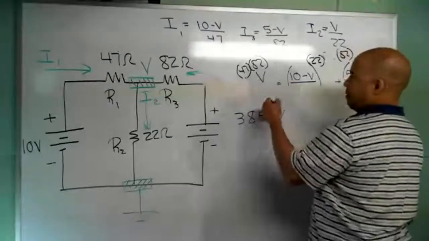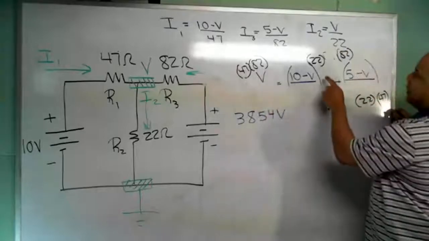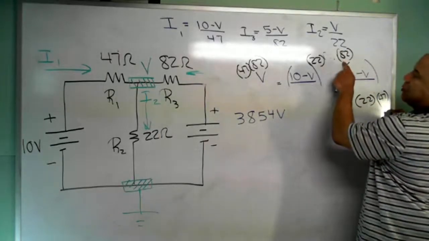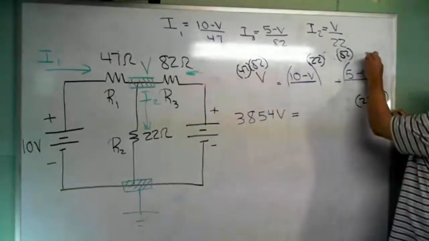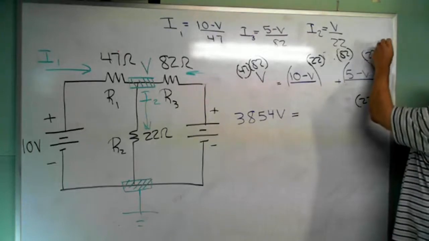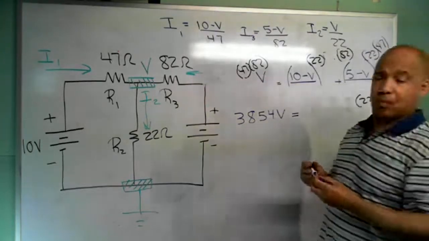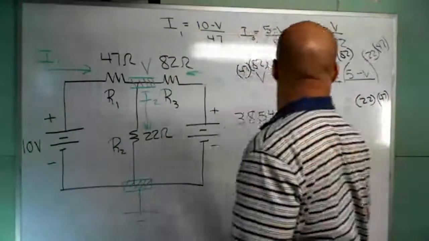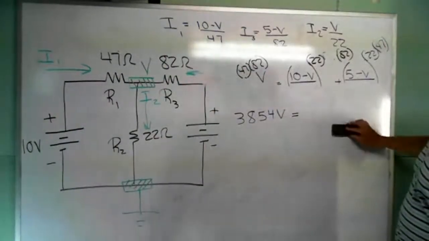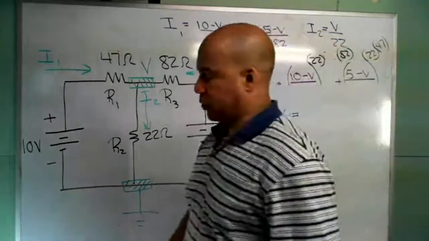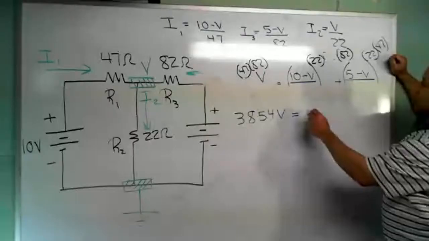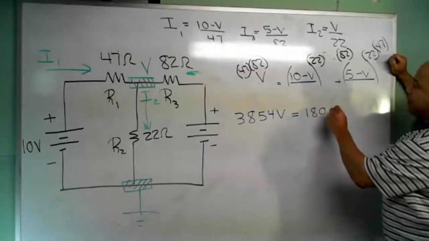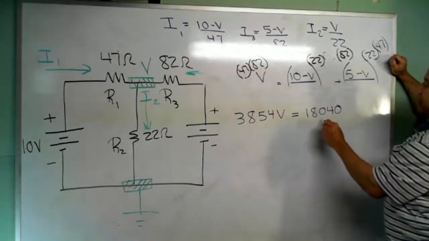Then take 22 times 82 times 10. Let me know what that is. 22 times 82 is what? 1804. 1804, so it's 1804 times 10 will be that, right?